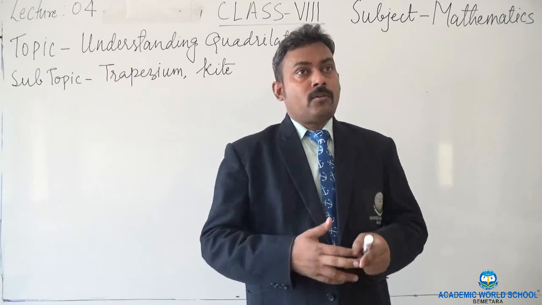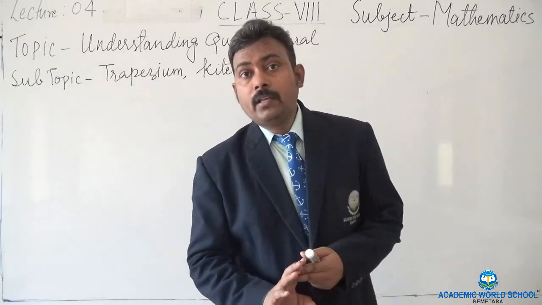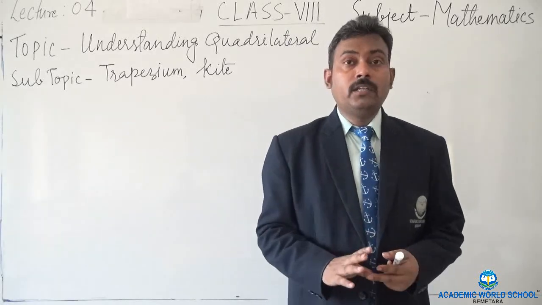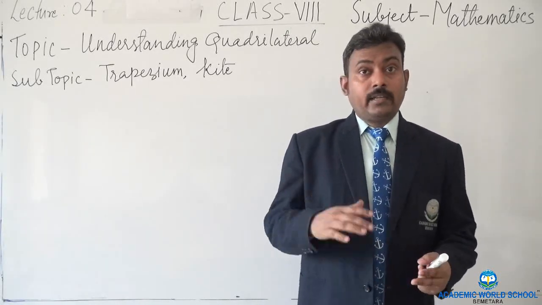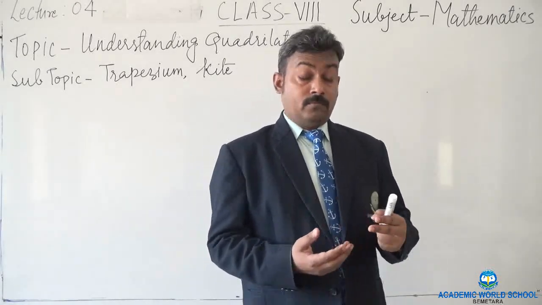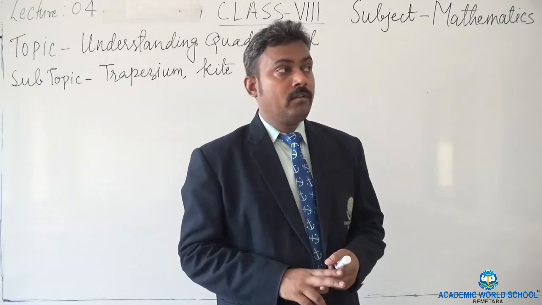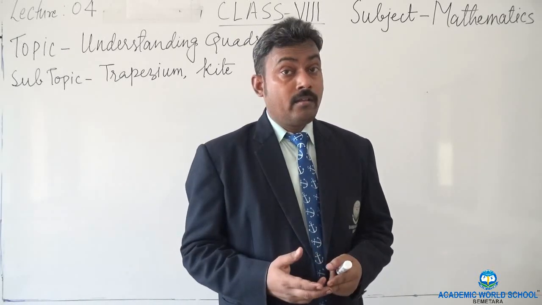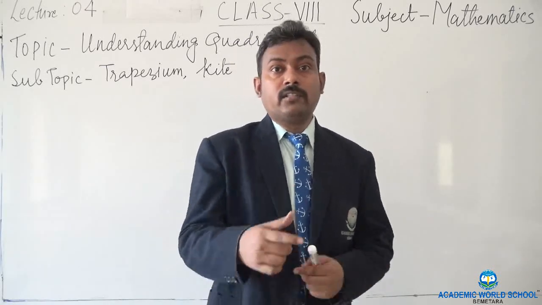In a parallelogram, opposite sides are parallel. In a rectangle, since a rectangle is a parallelogram, it is such a parallelogram in which opposite sides are equal. A square is such a rectangle in which all sides are equal.